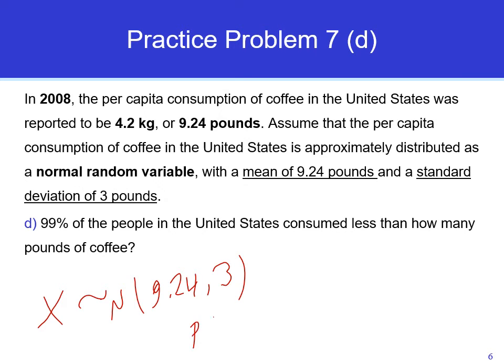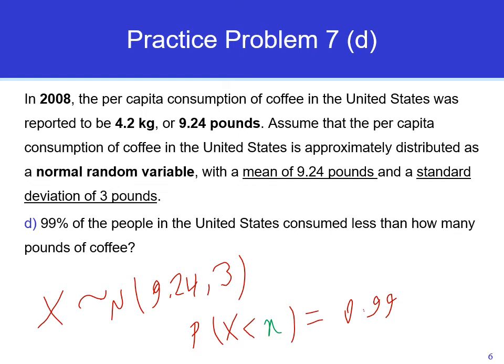What we are looking for is, we know the probability is 99%. We want to find x such that the probability that the per capita consumption is less than that value is 99%. So this is the inverse function. We have the probability, and we are looking for x.